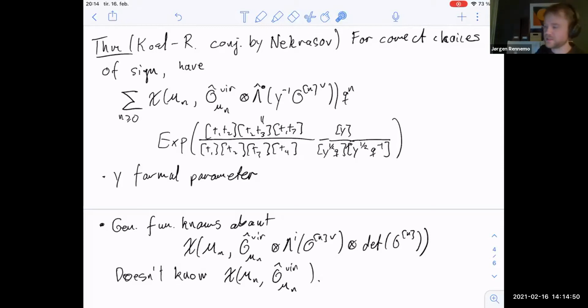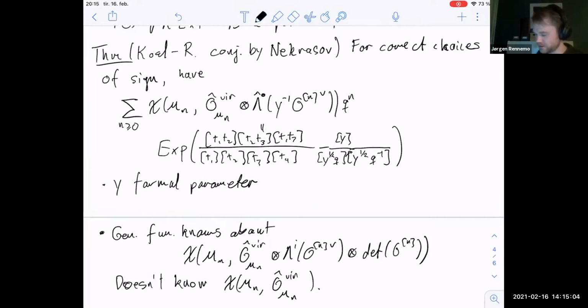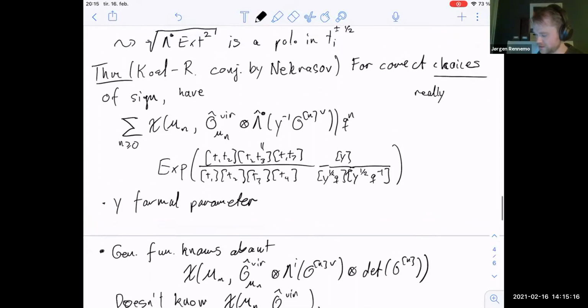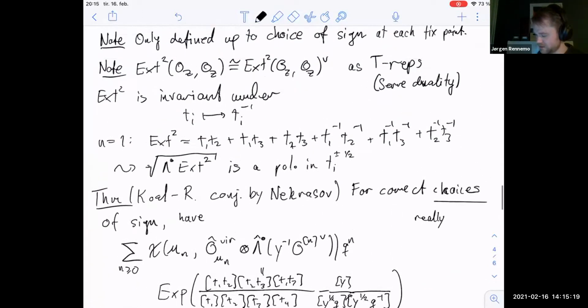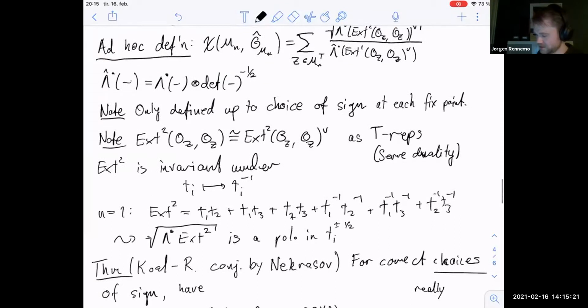So when I say geometrically sensible, so far I've given you something very formal. I've just given you something to compute and sum over all fixed points. I want to emphasize that when I say choices, in the end the goal here is to replace this ad hoc definition with a proper definition.